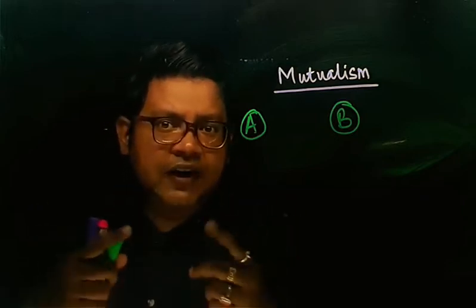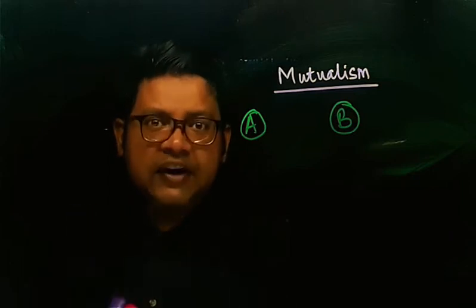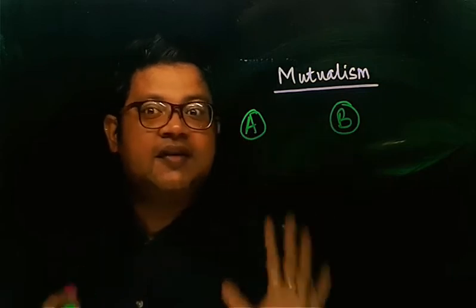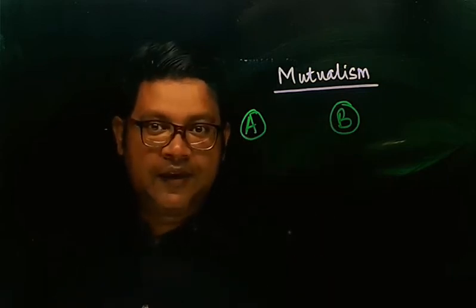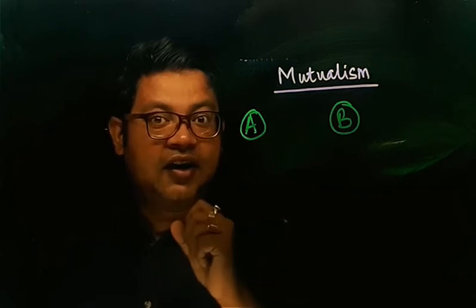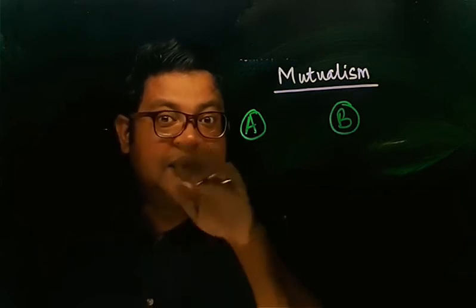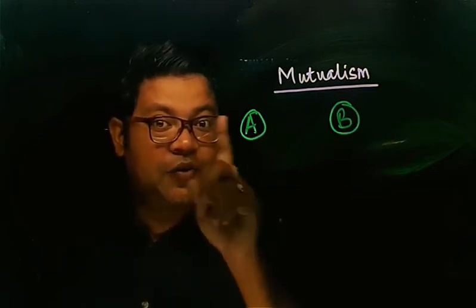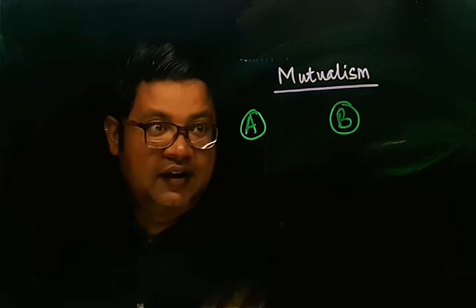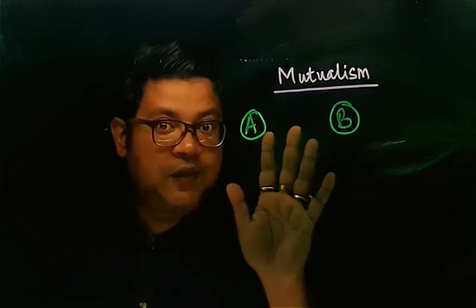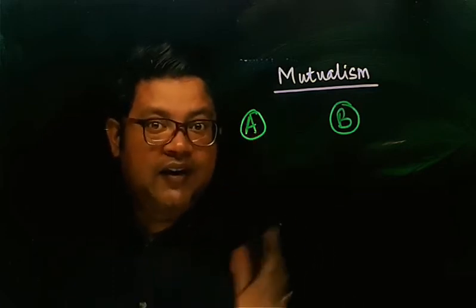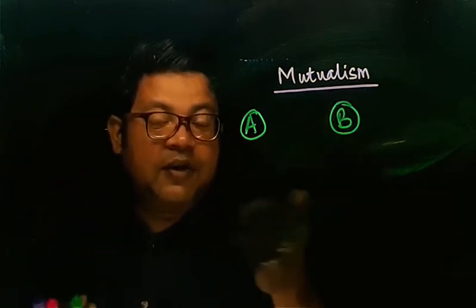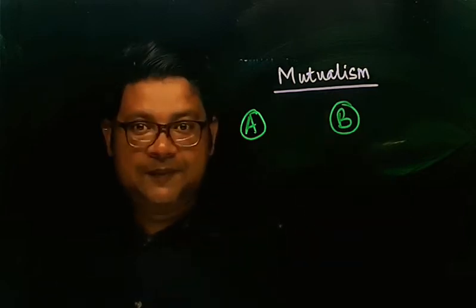Mutualism is a type of interspecific interaction where both the species are getting benefited. Remember this: in competition we said that neither of the species is getting benefited. In predation, only one of the species is getting benefited. In mutualism, the interaction results in the benefit of both the species.